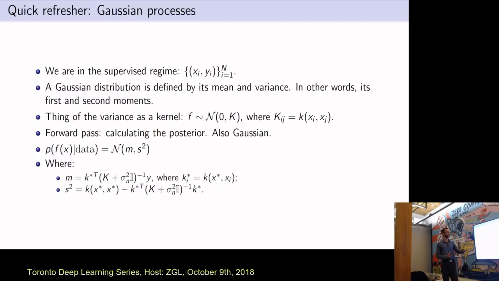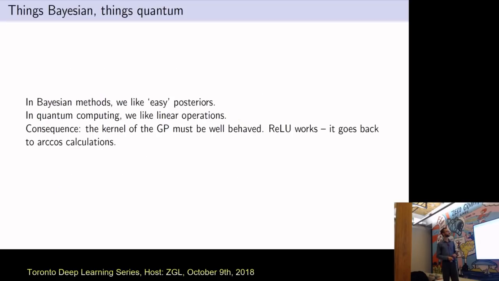Okay, so that's the classical machine learning part. And this is what I told you, that in Bayesian machine learning we like easy posteriors that we can calculate in some easy fashion. And in quantum computers we like linear operations in general. Nonlinear stuff gets messy.